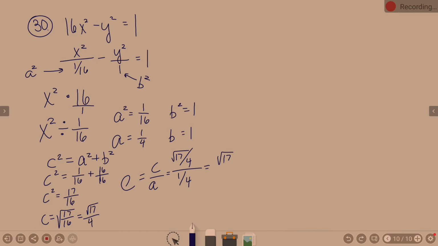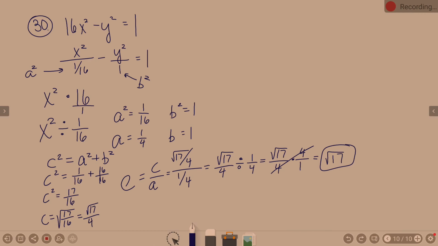If I do that, then that is square root of 17/4 multiplied by the reciprocal, so times 4/1. And there we end up with square root of 17.